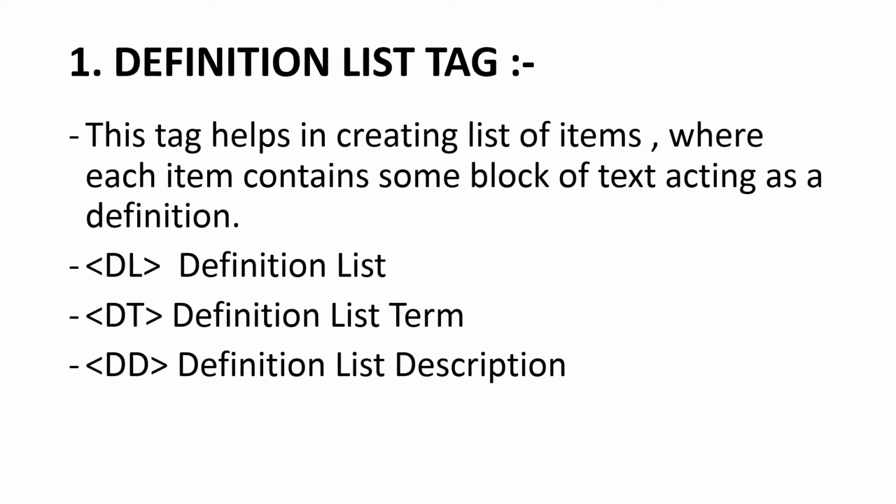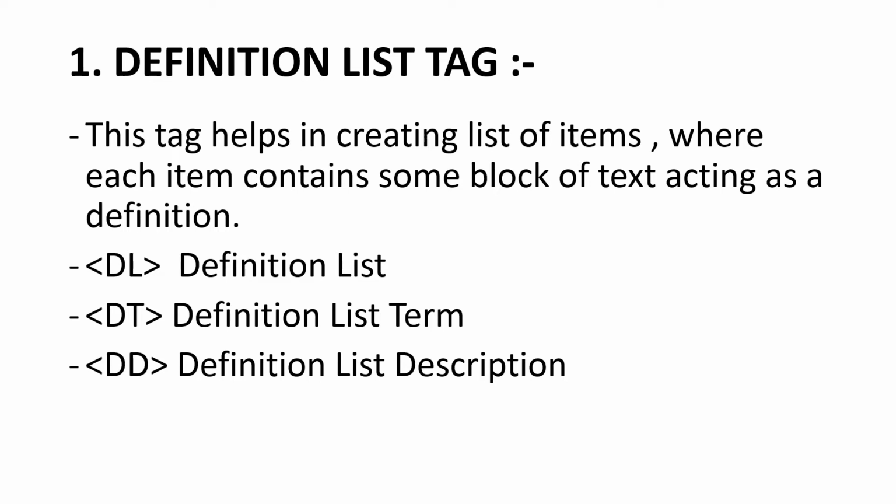Now first we are going to study about definition list tag. Definition list tag helps in creating the list of items where each item contains some block of text acting as a definition. When we want to add some description to any content, to any word, that time we will use this definition list tag. In definition list tag, there are three tags.